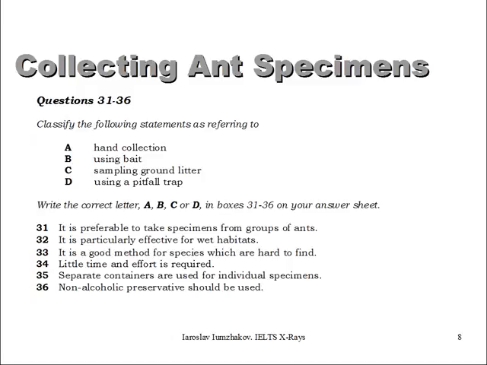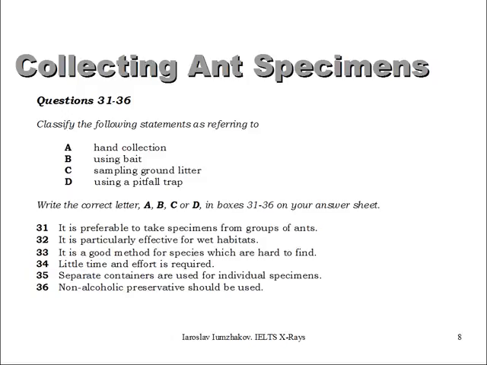Questions 31 to 36. Classify the following statements as referring to A. Hand collection, B. Using bait, C. Sampling ground litter, and D. Using a pitfall trap. And we see 6 statements. 31. It is preferable to take specimens from groups of ants. 32.